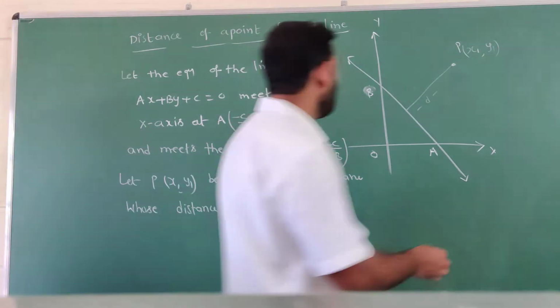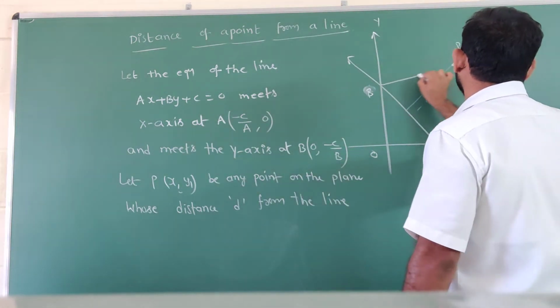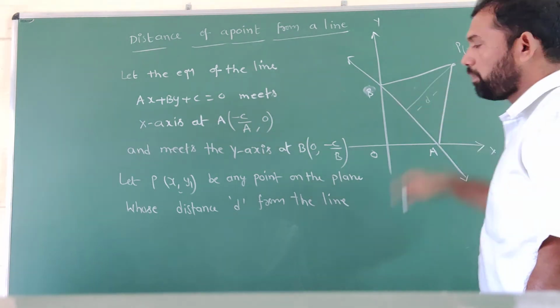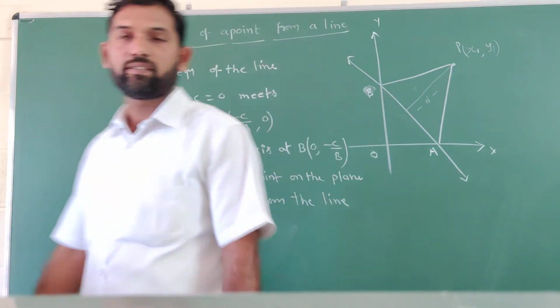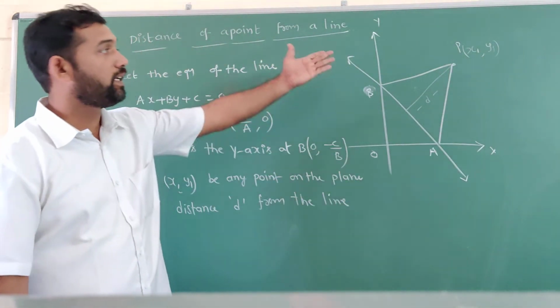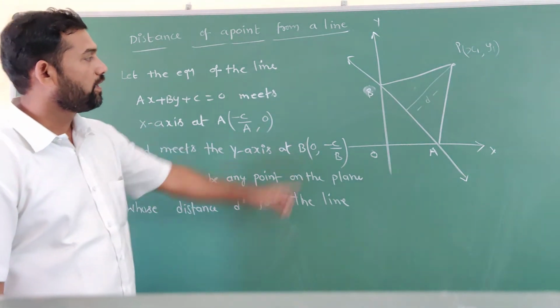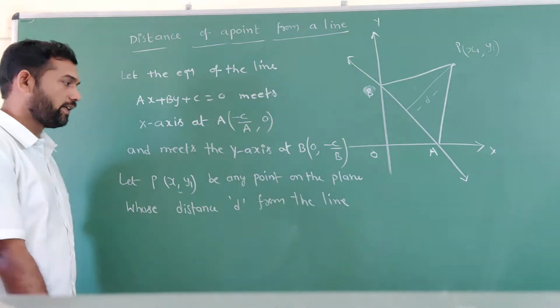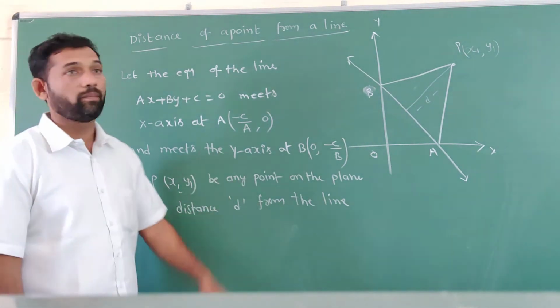Now you join these points. What happens? PAB is a triangle. Join PA and PB.